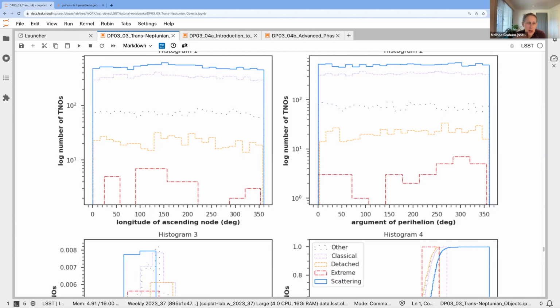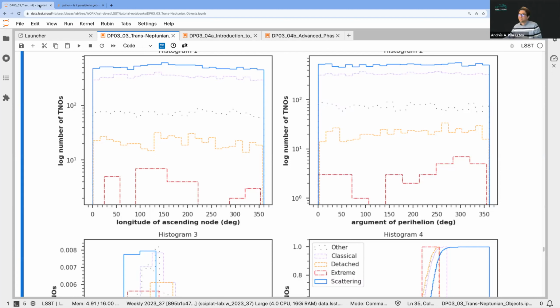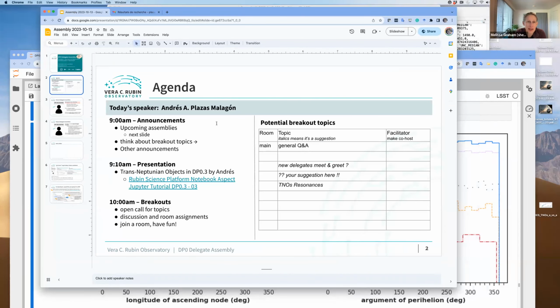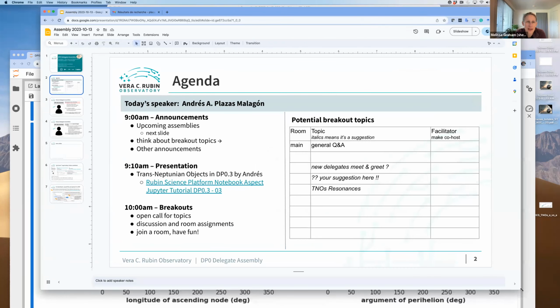Yeah, we can take questions while you bring up the slide that has the list where we can make the breakout session topics. That's good. Hold on. Let me stop sharing for a second. I think we just have a few delegates left here, and typically this is the part of the assembly where we let the delegates say what they want to do with the last hour.